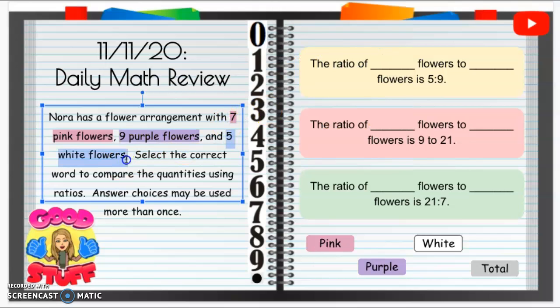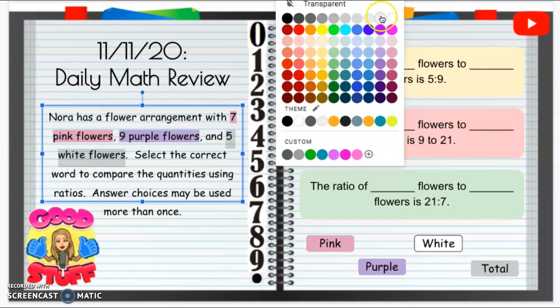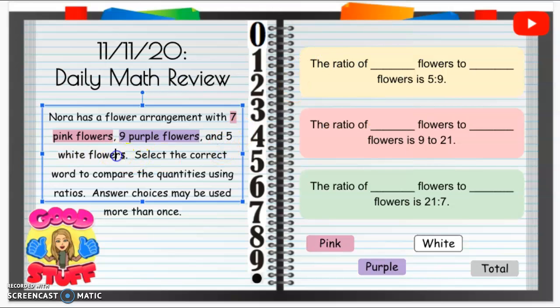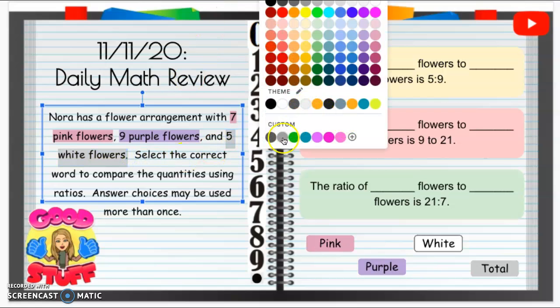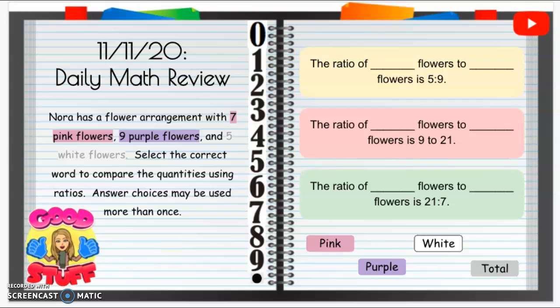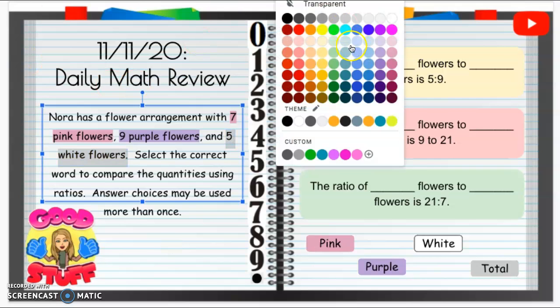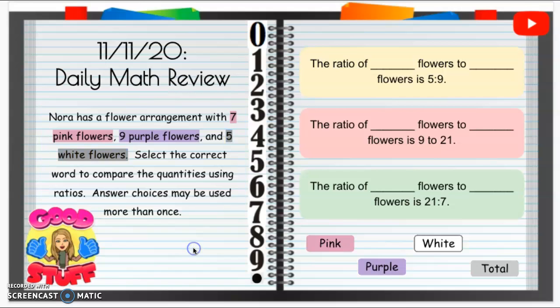And then 5 white flowers, I guess we can highlight it. Well, that didn't work too well. What if we did gray? Okay, close enough.